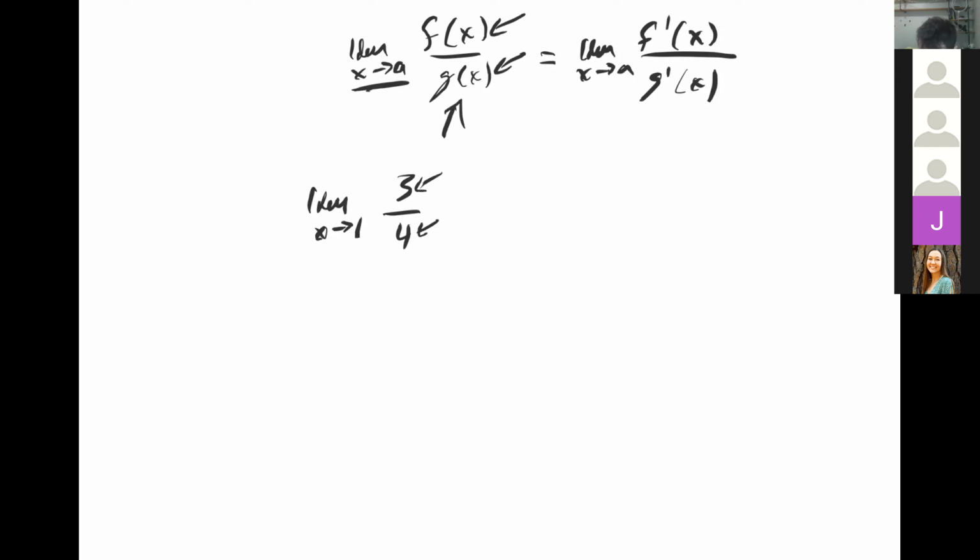If we take the derivative here, we end up getting 0 over 0, which is not defined. And so this clearly is not correct. So this is bad. Don't do this. Okay, great.